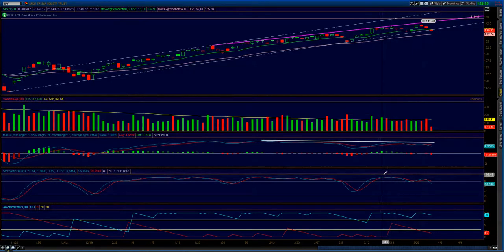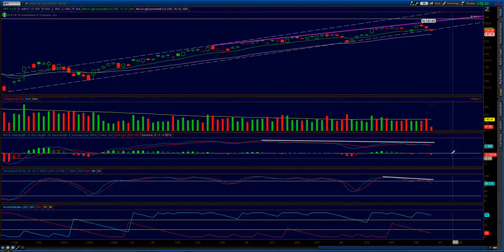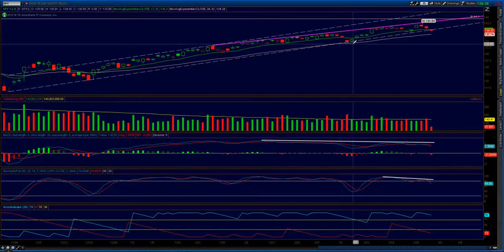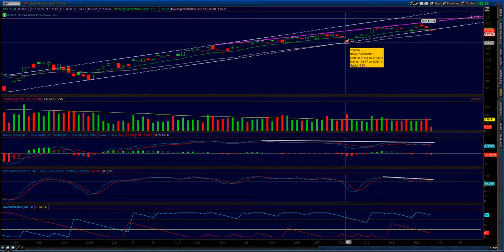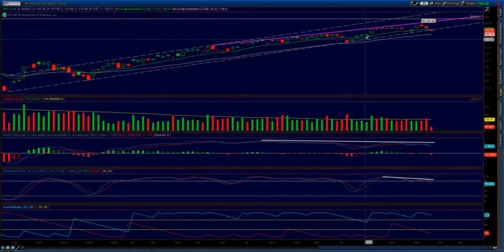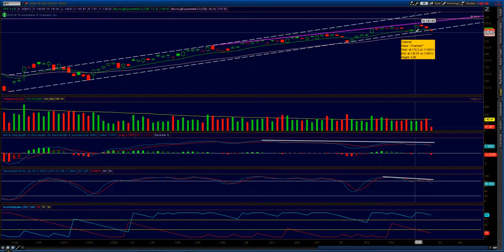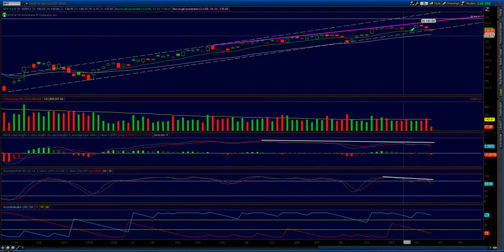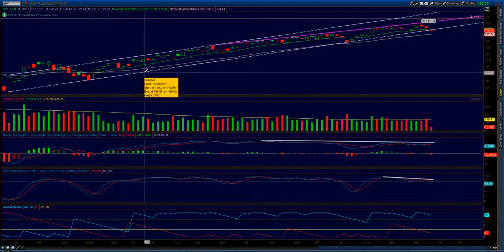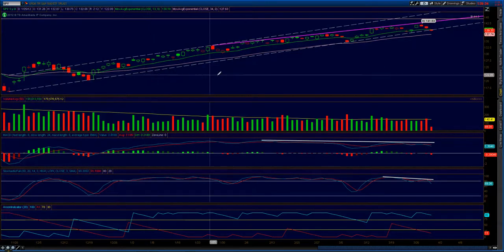Now you're starting to see some of the divergence on the shorter term oscillators, like the stochastic, and the one that I'm really concerned about now is the channel that it looks like it's starting to break. Sometimes channels may be a little bit more subjective, where you start your channel and what points you pick.